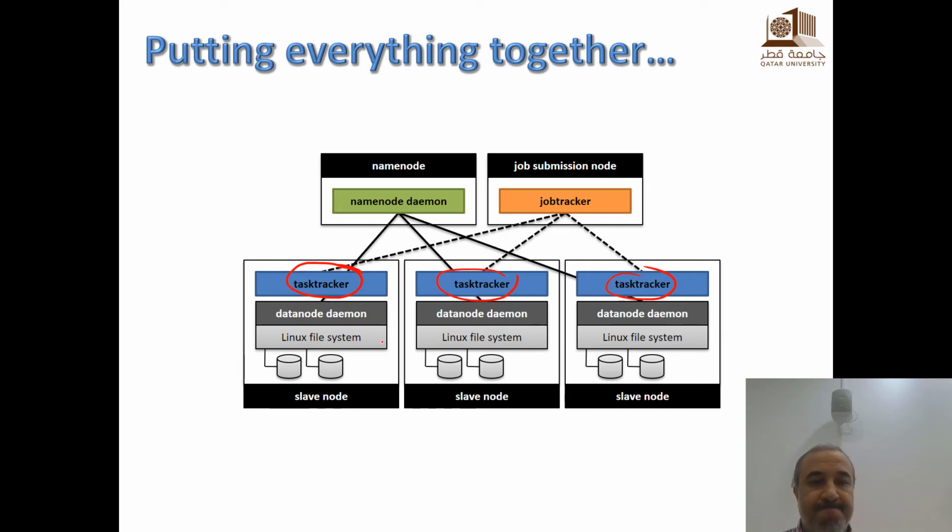Okay? And you will submit your code to this node. So you will deal with the cluster through just one node. You don't need to log in to any other nodes except the submission node, which you will have access to. So you log in to the submission node, you submit the job, and you don't care about how it will work.